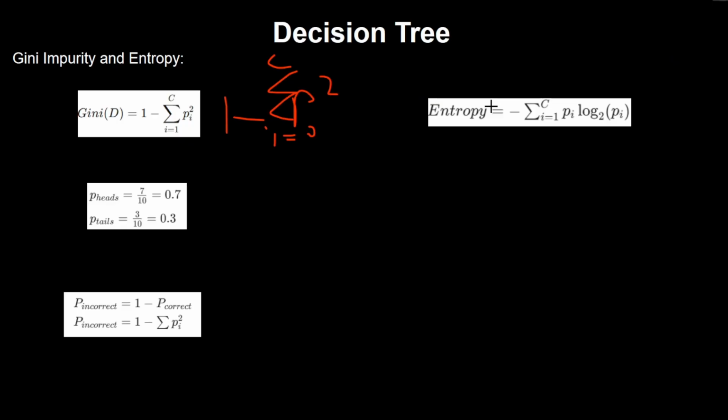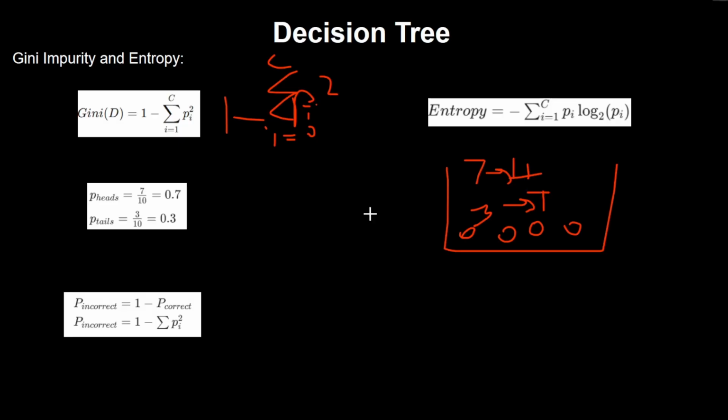So where do we get this formula from? Why do we take the probability squared instead of just the probability itself? For that, let's take an example. Let's say we have a bucket with some coins facing upwards. We have 10 coins, 7 of which are facing heads upwards and 3 facing tails upwards. So we have those probabilities represented here.